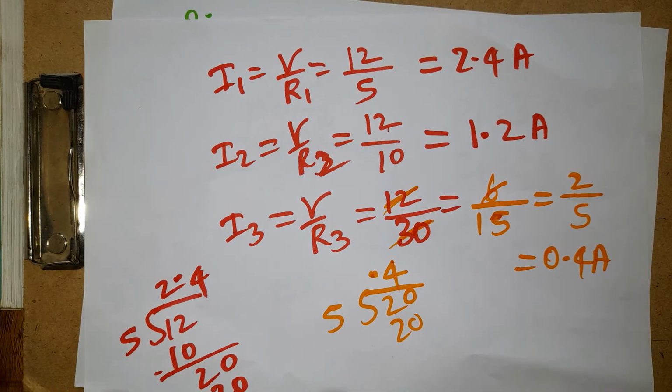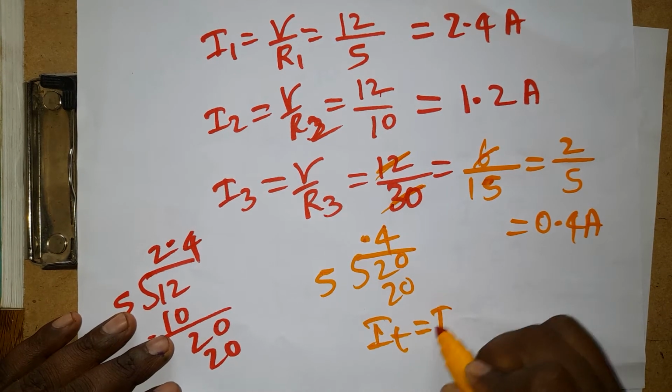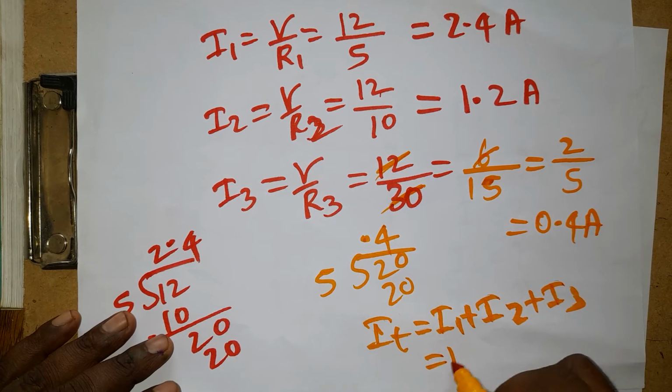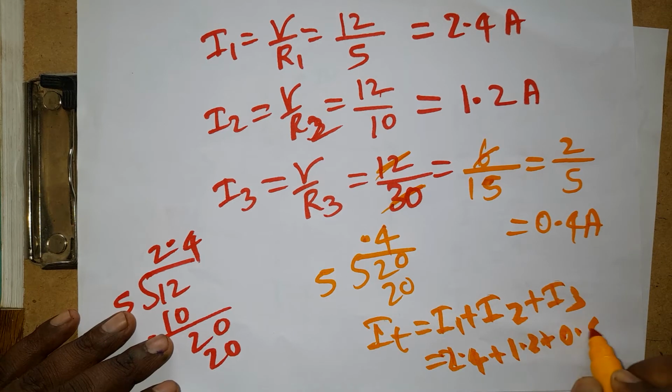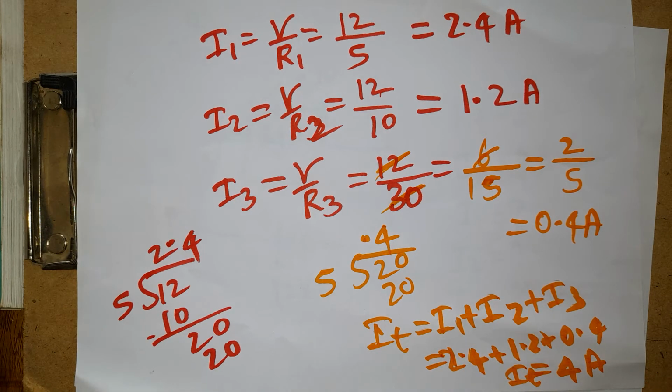Now this problem you can also cross-check. I total is equal to I1 plus I2 plus I3. All together will give us I. 2.4 plus 1.2 plus 0.4 gives us 4 ampere as the total current. We just cross-checked whether we did it correctly or wrong.